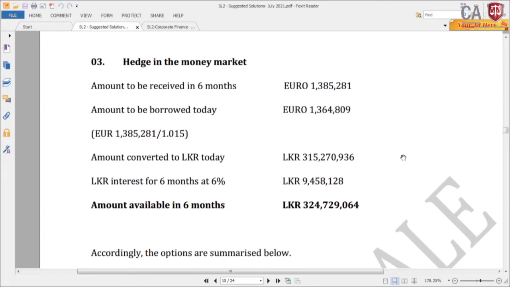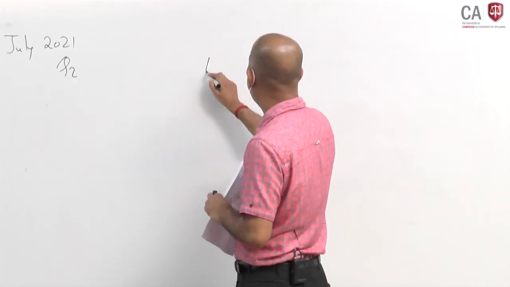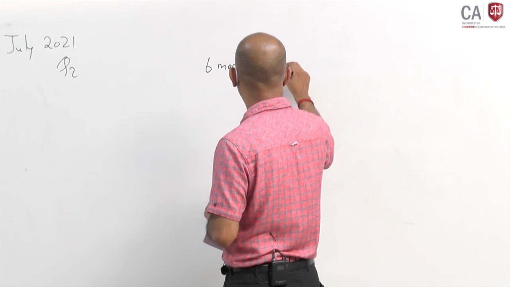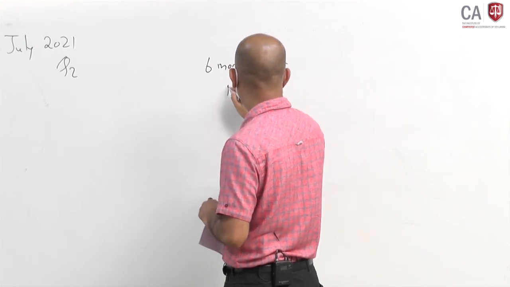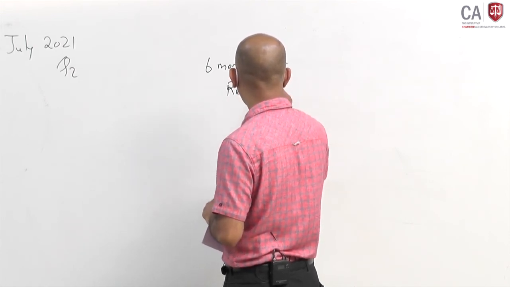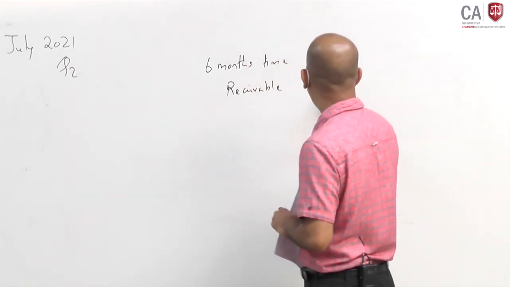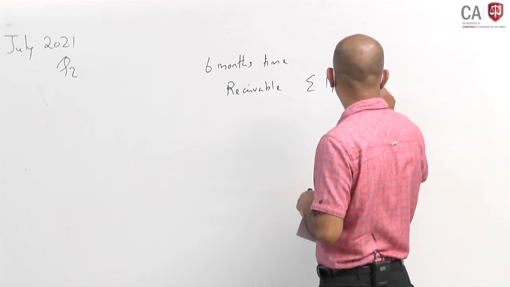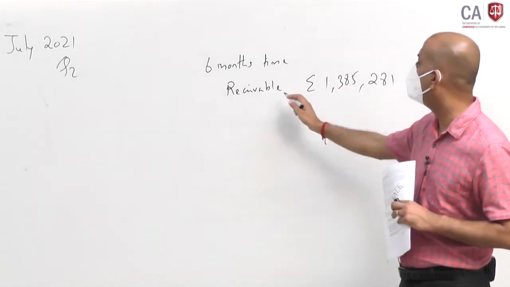So 6 months time the company is going to receive a receivable of 1,385,281 euro currency.